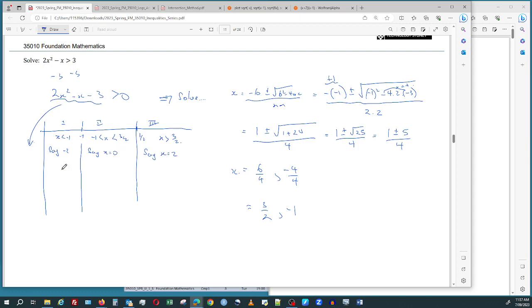So on the left-hand side, if we process these values using function notation, we will get our values. I'll leave you to do that. That'll be a positive, that'll be a negative, and that'll be a positive.